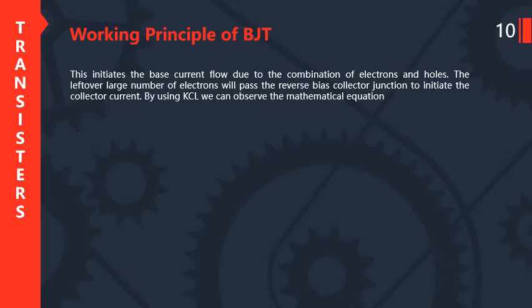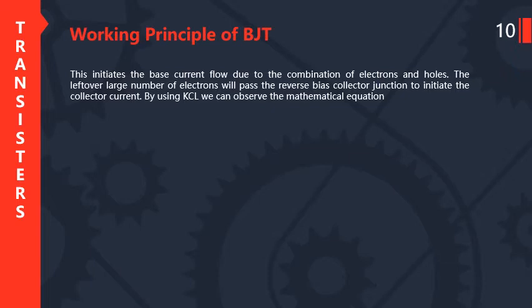This initiates the base current flow due to the combination of electrons and holes. The leftover large number of electrons will pass the reverse biased collector junction to initiate the collector current.